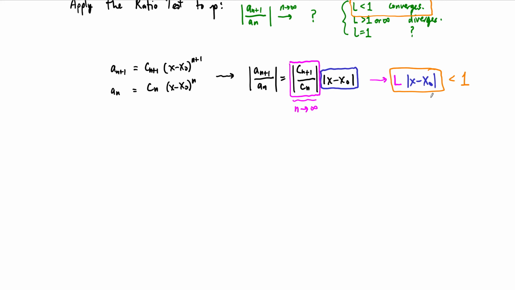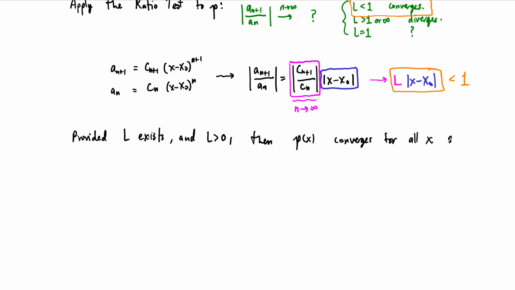And so what we end up with then is that provided this limit L exists, okay, provided L exists and L is greater than 0, then our power series will converge. So P of x converges for all x that satisfy this inequality, that the absolute value of x minus x naught, remember x naught is fixed, right?